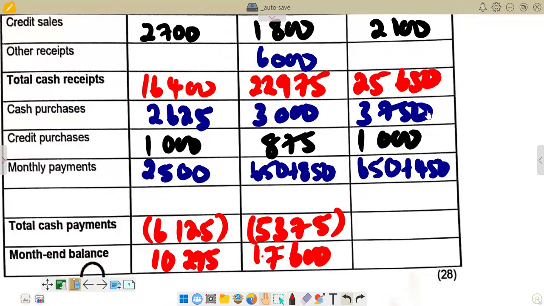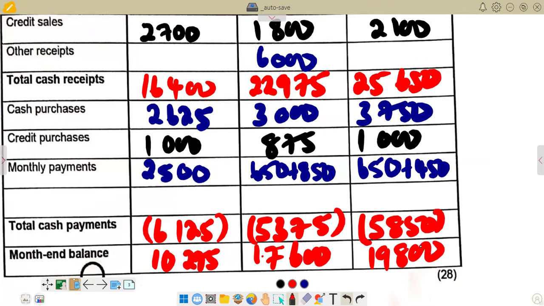Say 3,750 plus 1,000 plus 650 plus 450. And then the total that you are supposed to get there is 5,850, which you are going to subtract from the figure for total receipts, where we're saying 25,650 minus 5,850, you get 19,800.